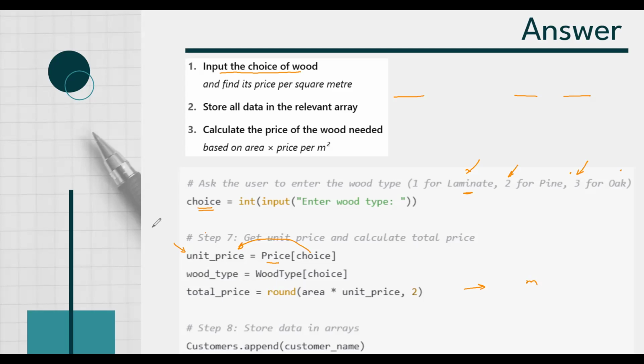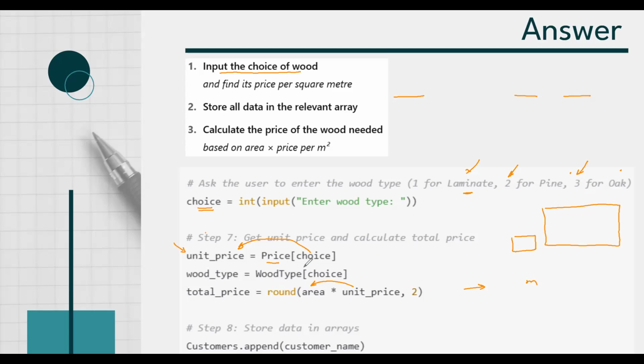So to get the total price, you have to multiply the price per square meter by the area. It means that instead of finding the price of 1 square meter, you are going to find the price of the wood for the whole room.